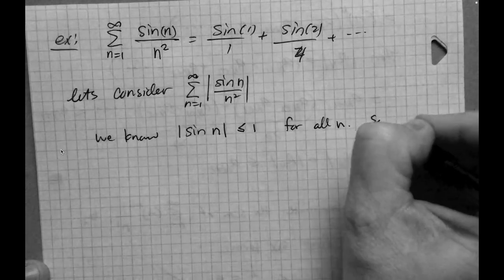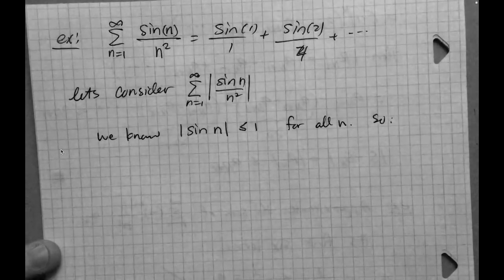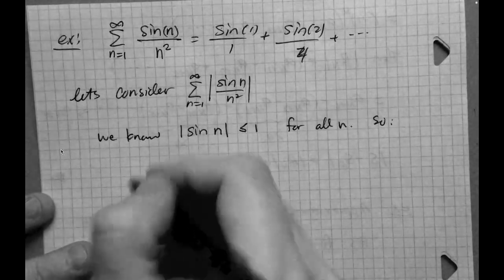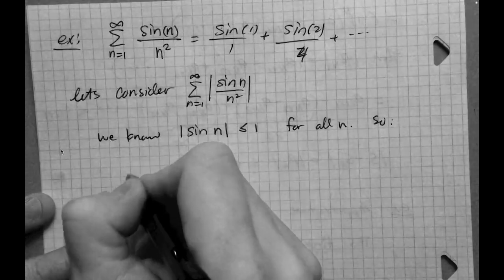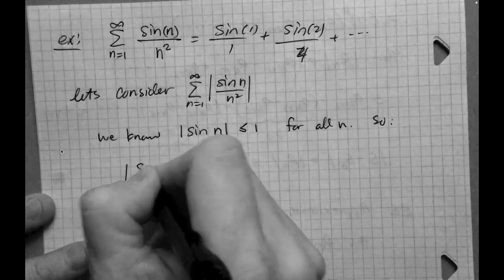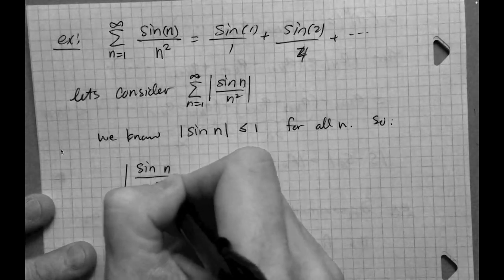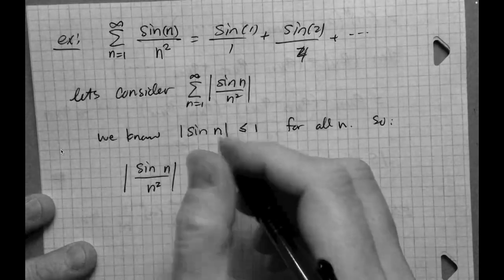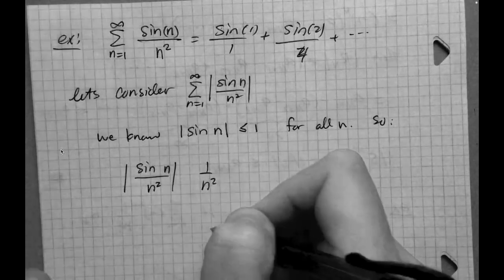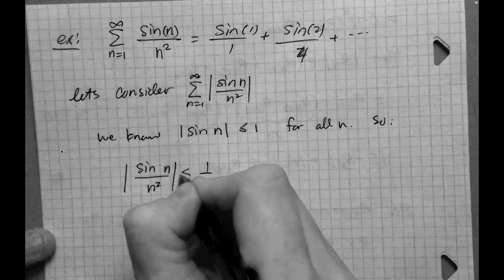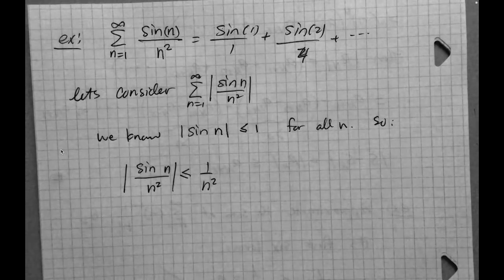So what can we do? Let's compare this to something. If I have the absolute value of sine of n over n squared, a good comparison would be 1 over n squared. In this case, the less than or equal is going to work, and it's true for all n.